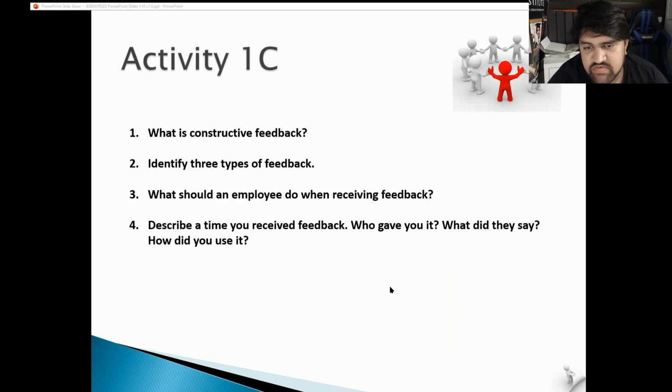Alright, next one, number 4. Describe a time you received feedback. Who gave it to you? What did they say? How did you use it? If I was asked this question, usually you would be given feedback, especially if you are starting in a new role.